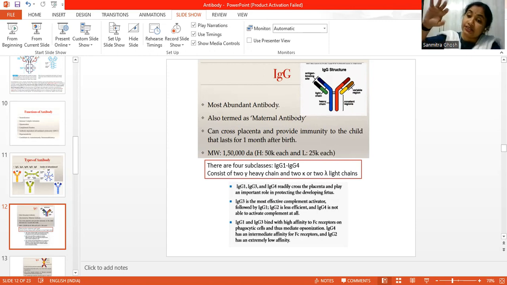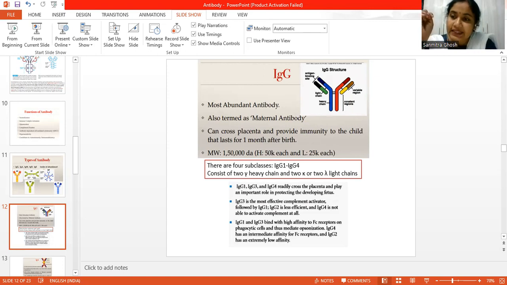Among all these 4 types, IgG3 is the most potent activator of the complement system, which is followed by IgG1. On the other hand, IgG2 and IgG4 are not that much involved in the complement activation.